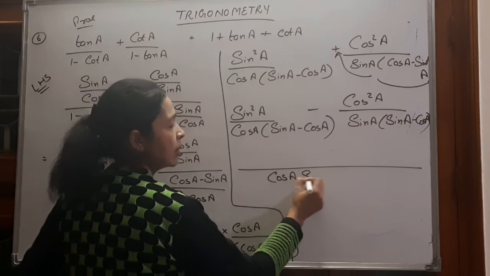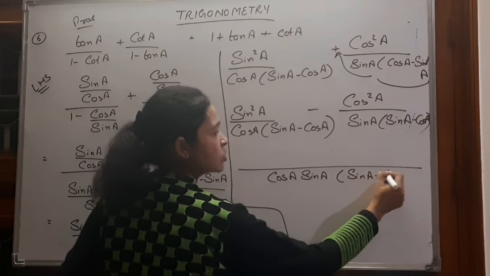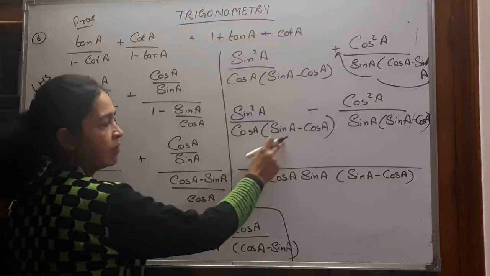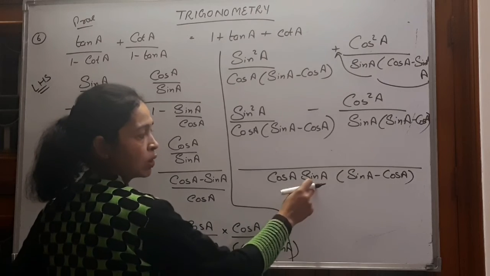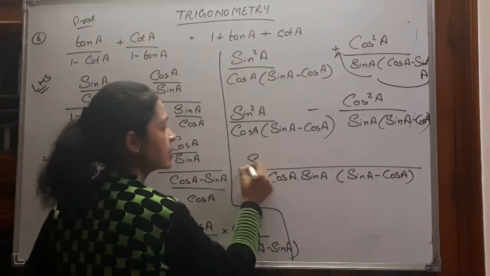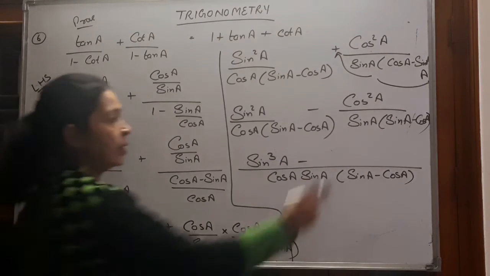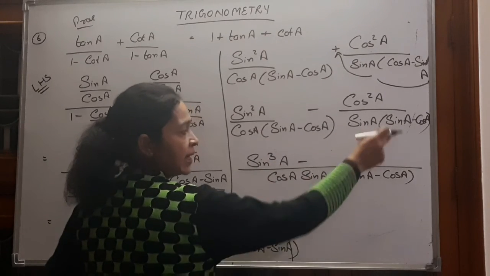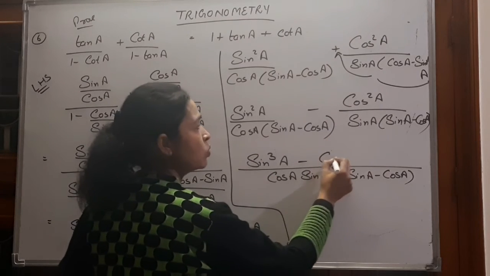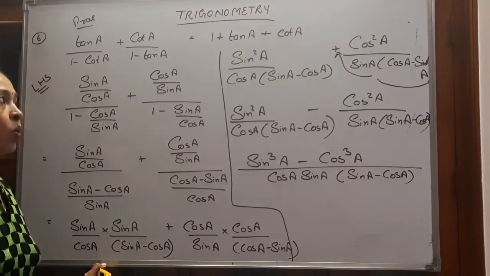One is cos A, another is sin A, and one is sin A minus cos A. Here we have cos A and sin A minus cos A. What is left? Sin A. Sin A into sin square A is sin cube A minus. Sin A we have, sin A minus cos A we have. What is left? Cos A. What is cos A into cos square A? Cos cube A.